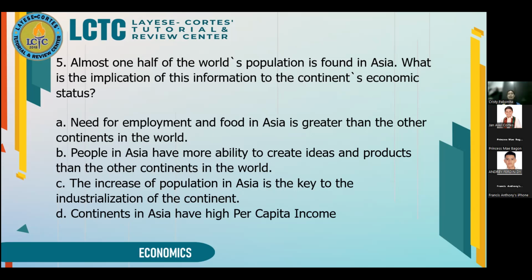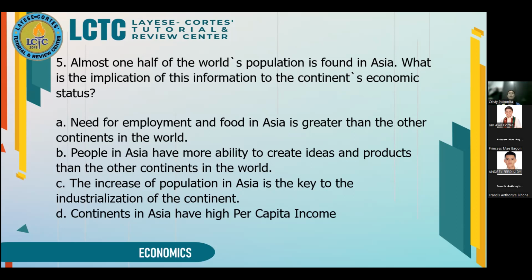Is it A, need for employment and food in Asia is greater than the other continents in the world? B, people in Asia have more ability to create ideas and products than the other continents in the world. C, the increase of population in Asia is the key to the industrialization of the continent. Or D, continents in Asia have high per capita income.